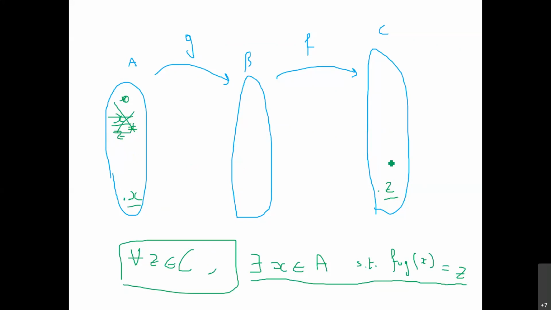You have some element in C. You want to try to find x in A. The reason I skipped B is that f round g is a mapping from A to C. That's why I want to find x in A and not in B, for example.